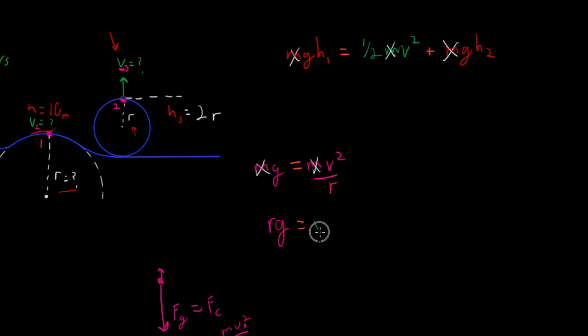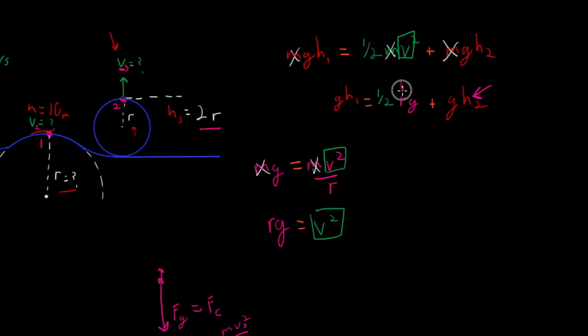And since that's going to be the same green v squared, let's use a green. And then that, which is that, substitutes in for that. And now my gravities all cancel out, and my H2, remember, that's equal to 2r. That's this same r. And so I can substitute that in as well.